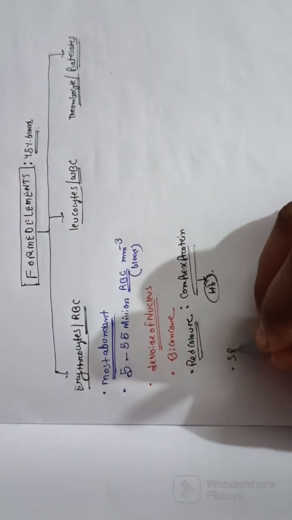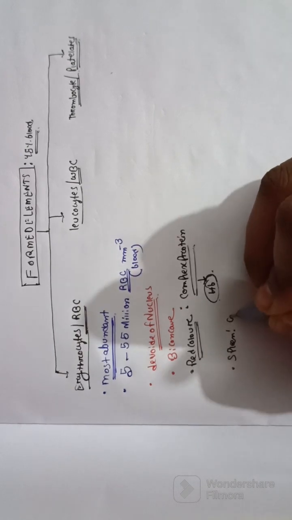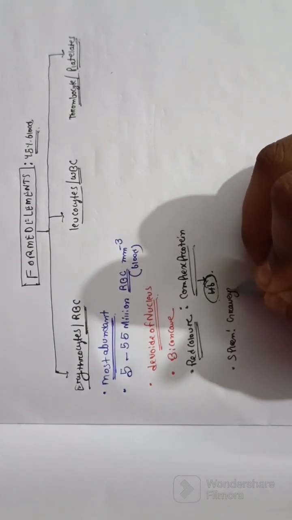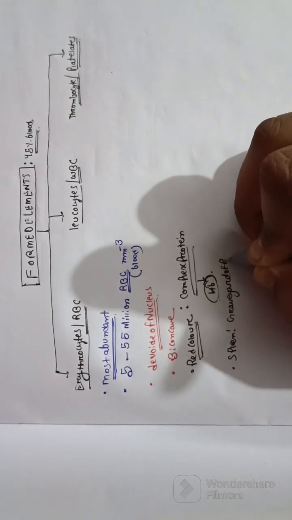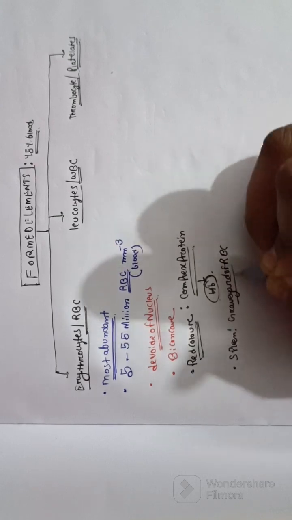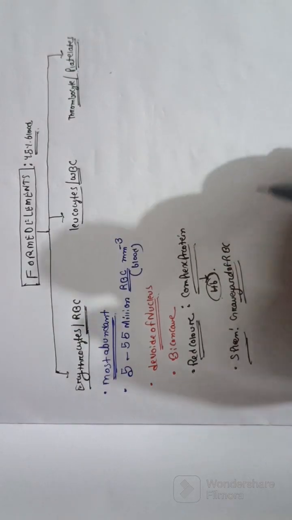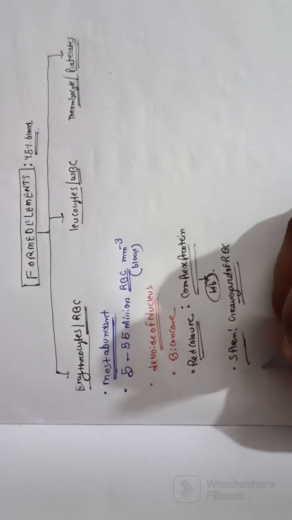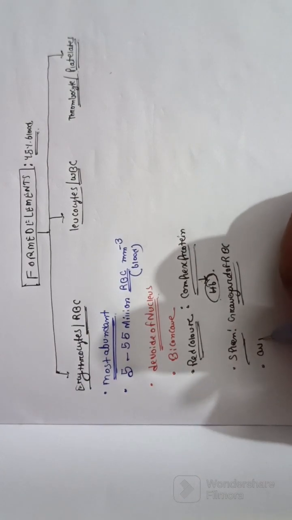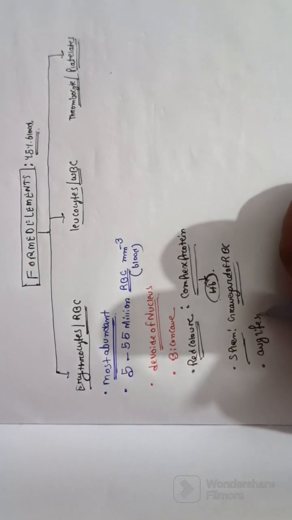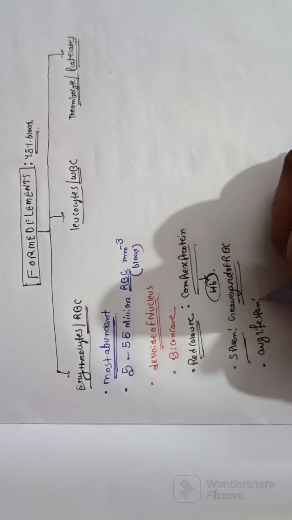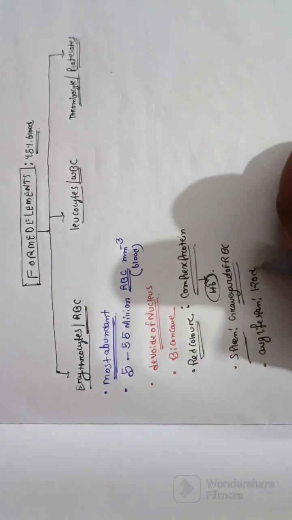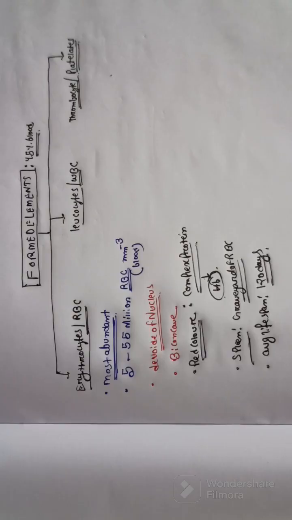Spleen is the graveyard of RBCs. All the dead RBCs go here. The average lifespan of RBC is nearly 120 days, quite longer than a WBC lifespan.